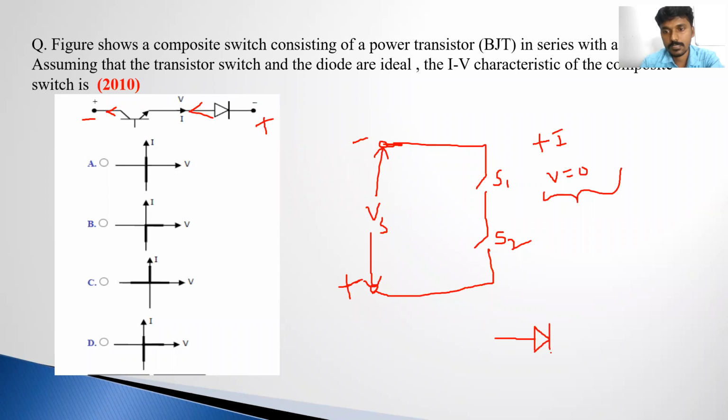For example, this is the diode, and the cathode terminal is connected to the positive, and the anode terminal is connected to the negative. Is the diode turned on? Please tell me, anyone.